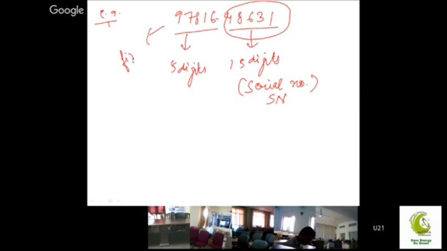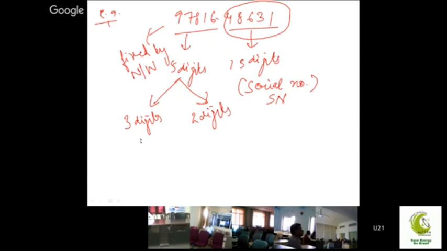This is fixed by the network. And these 5 digits are again composed of 3 digits plus 2 digits.